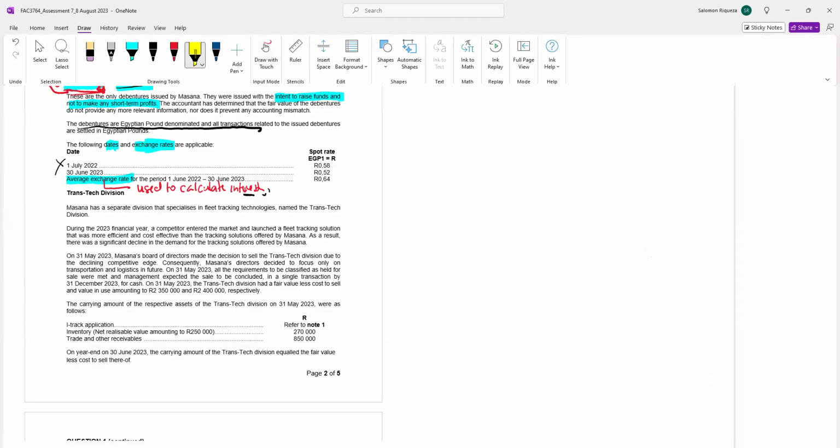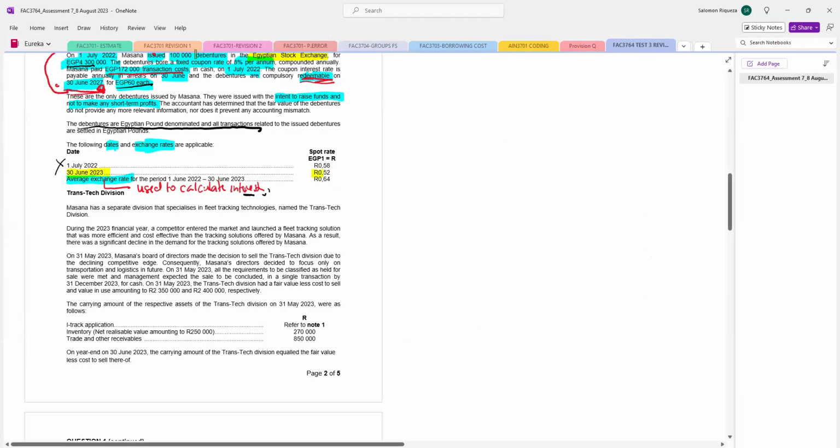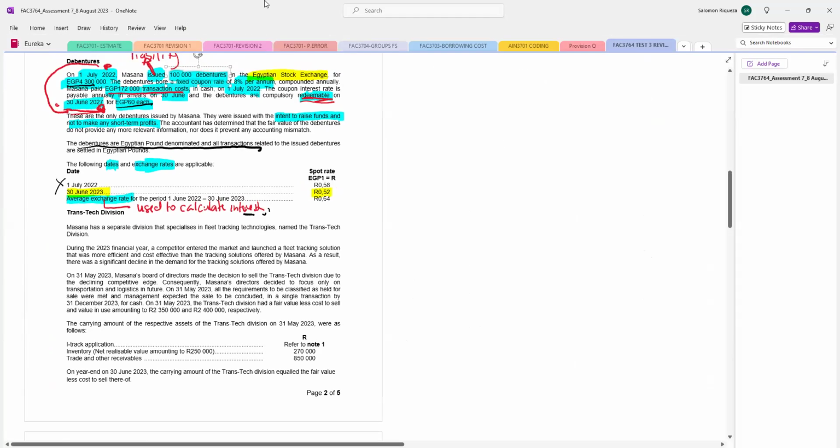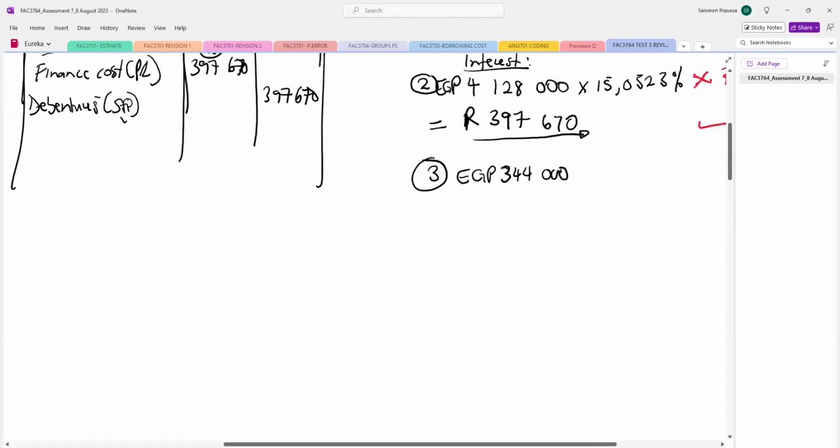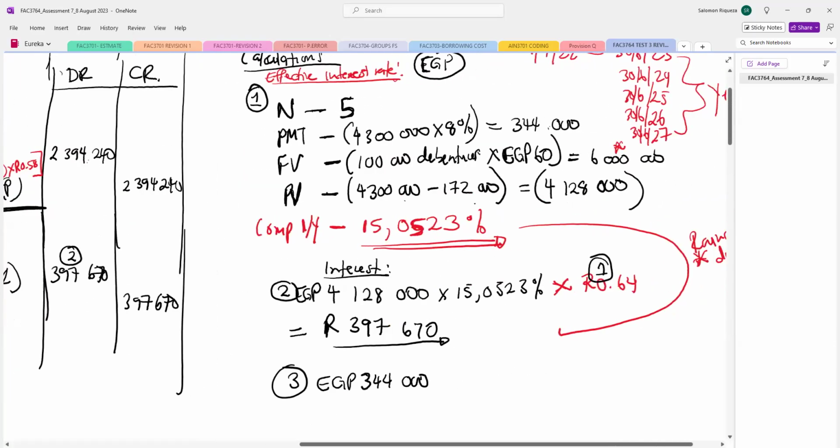So we are now at 30 June. Naomi, yes. Sorry to disturb you and to take you back. The 15.05, it's the I for what? When we were determining the 15.05%. It's the interest rate. I don't understand the question. Please rephrase your question.